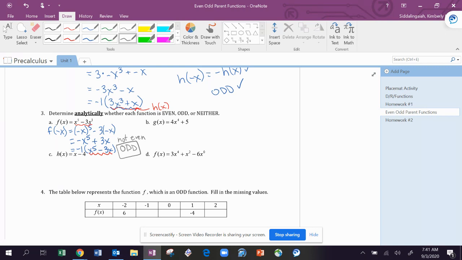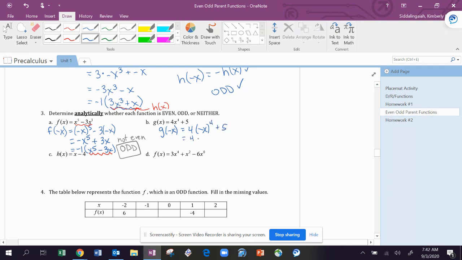Whew. All right, let's try one more. And then I want to move on to some transformation work just to help some folks with that. All right, so let me do part B. So first step is I'm going to do g of negative x. I'm going to throw a negative x in here.